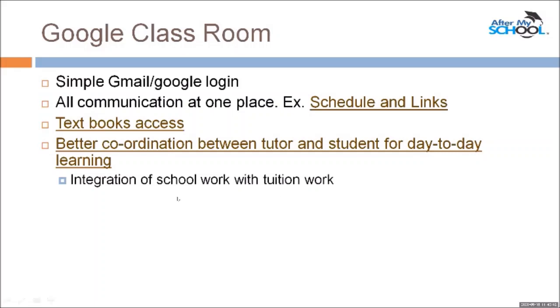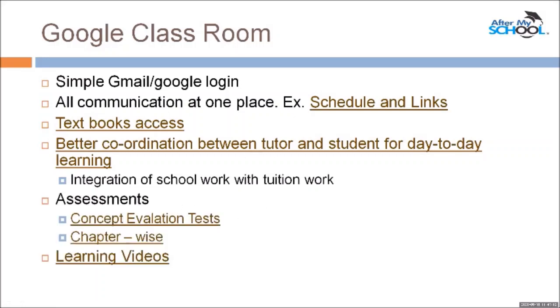The next thing which I would like to highlight is the assessments part. We use some assessments which are at the time of admission. Okay. To evaluate the child, to understand where the child stands on various concepts till the previous class.